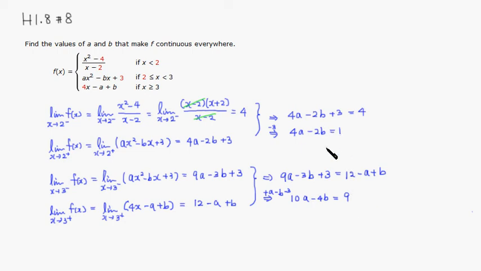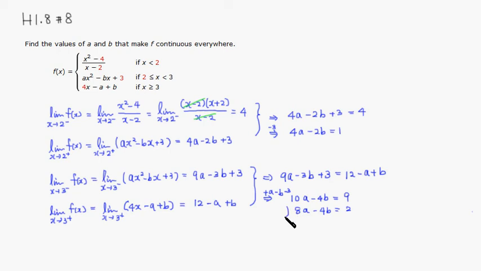Somehow we have to solve for a and b. What we can do is multiply the first equation by 2. So you get 8a minus 4b is equal to 2.